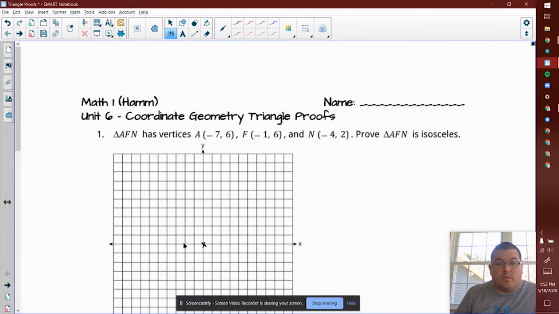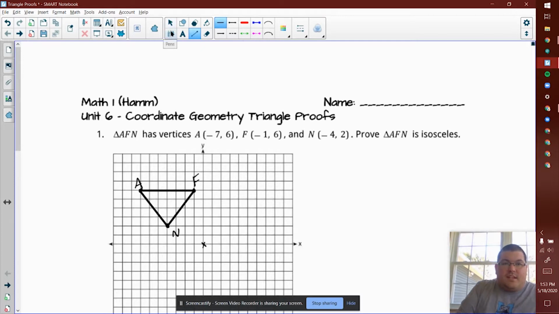We can go 1, 2, 3, 4, 5, 6, 7 left, 1, 2, 3, 4, 5, 6 up, and there is point A. We can go left 1 and up 6, and there we have point F, and we can go 1, 2, 3, 4 left, 1, 2 up, and there we have point N. We can grab a straight edge and connect the dots to form our triangle.